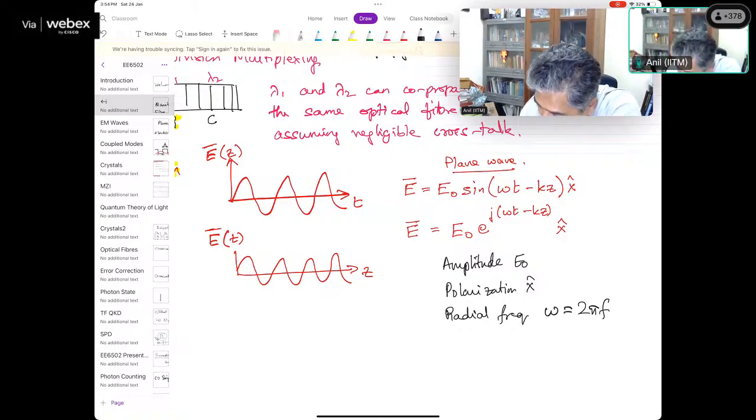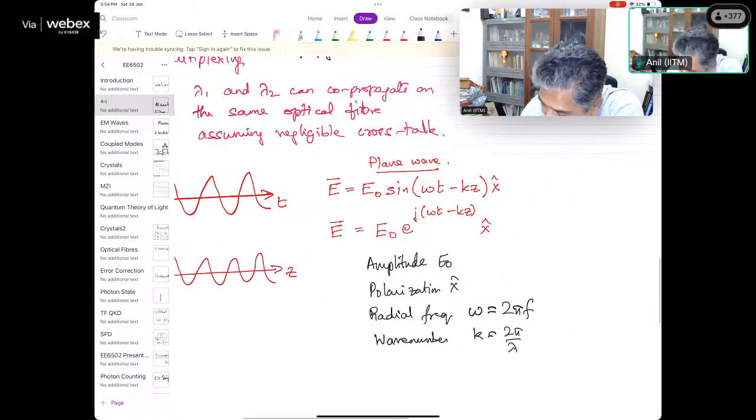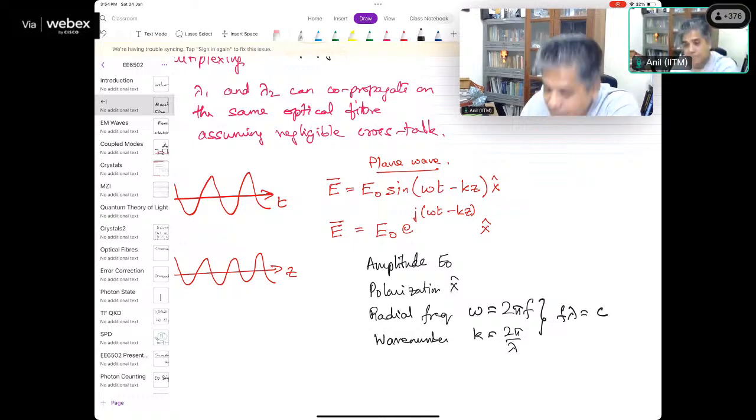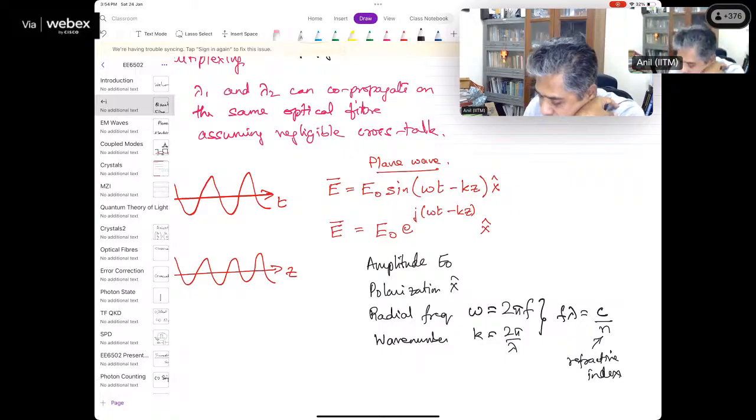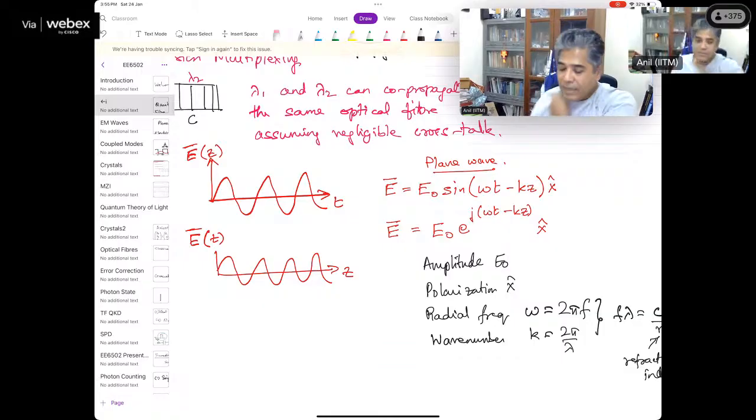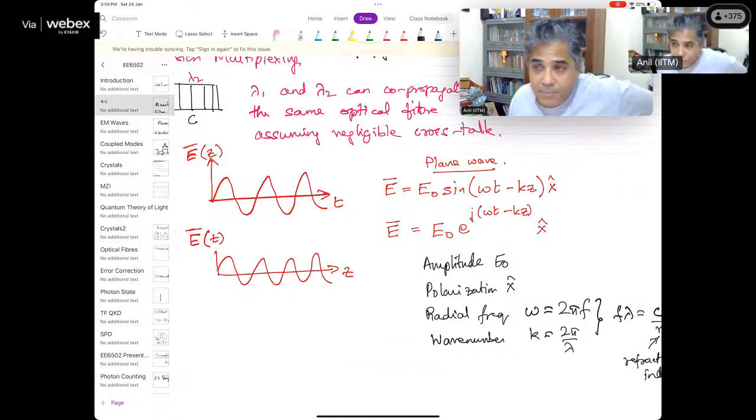I have the wave number 2 pi by lambda. These two are related. Why? Because f lambda is equal to c, or in glass, it is c divided by n, where n is my refractive index. Right. So I have these descriptors already.